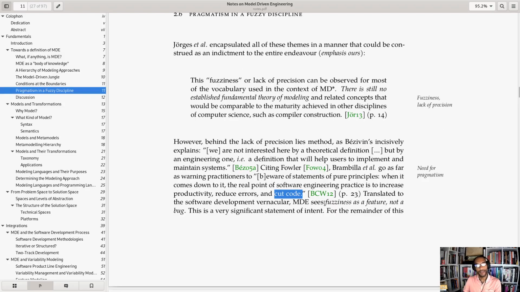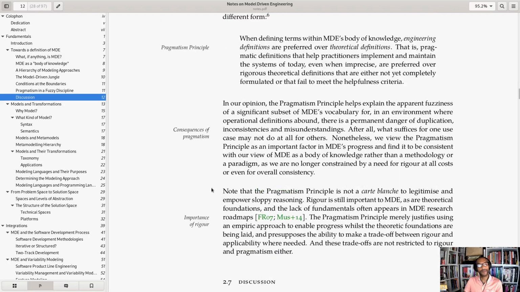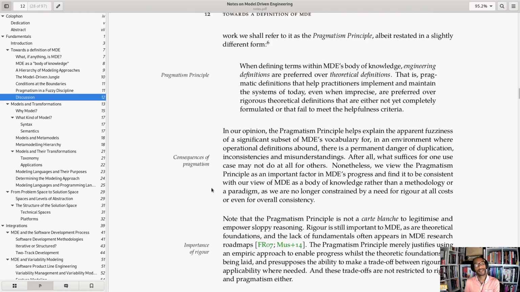And in a way, maybe this fuzziness is not a bug. Maybe it's a feature. What I mean by that is, if we stop to think about the fundamentals of a discipline before we actually start to use that discipline in anger, maybe we're never going to find the fundamentals. Because I think that a lot of the work that gives you understanding of the fundamentals is empirical work.